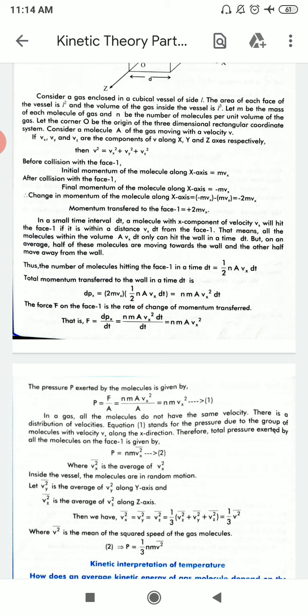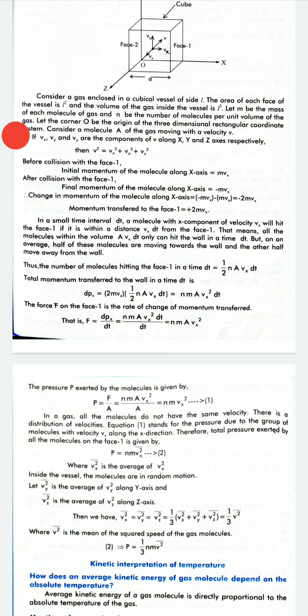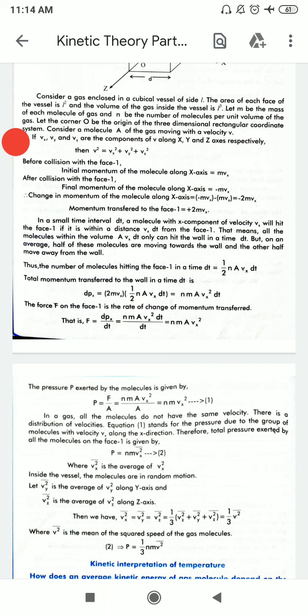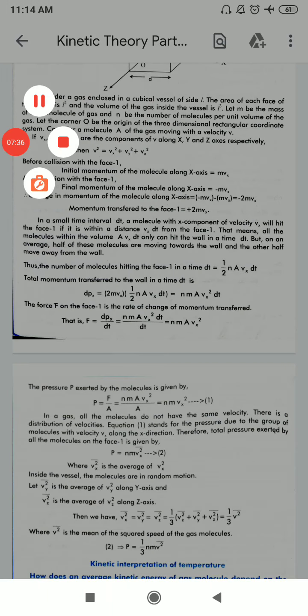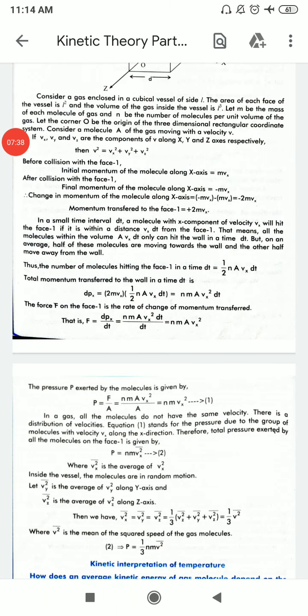Then the force F on phase 1 is the rate of change of momentum transferred. Suppose the force of that molecule is F = dpx/dt, because we may define force as momentum divided by time.